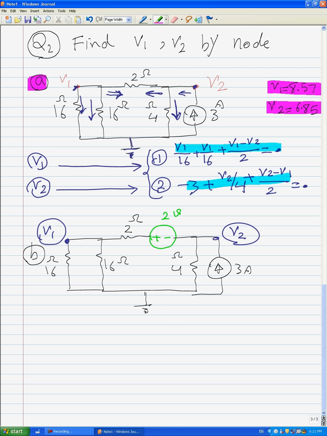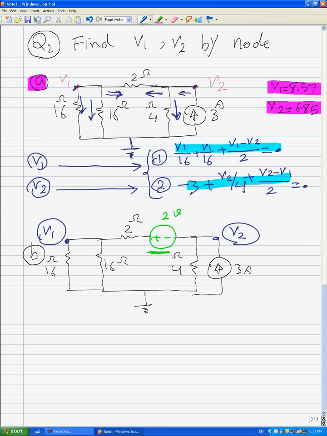Now I'm going to start to solve part B. In part B, we have a voltage here, this voltage. For this voltage, we should consider a supernode.